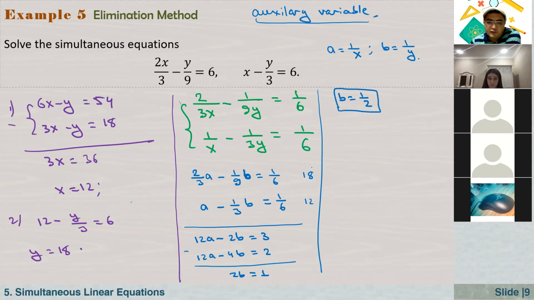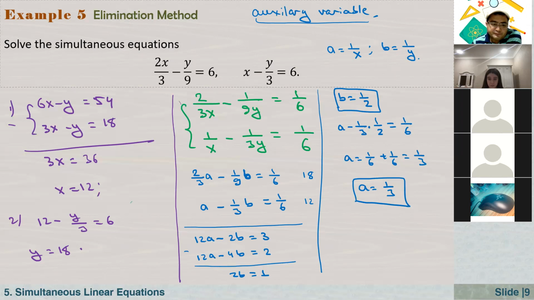After that, substitute into the second equation: a minus 1/3 times b, and b is 1/2. On the right hand side I have 1/6. So a equals 1/6 plus 1/6, which is 1/3. So a is equal to 1/3.